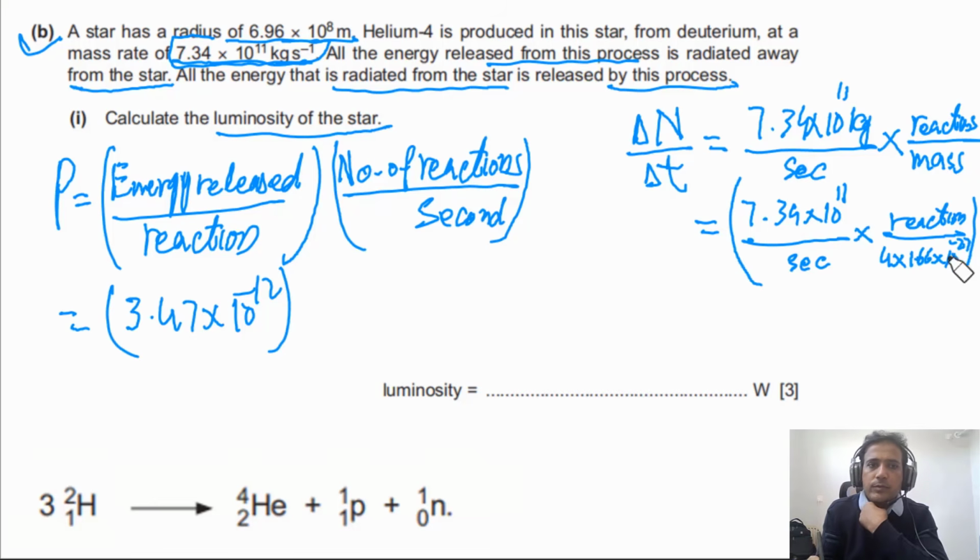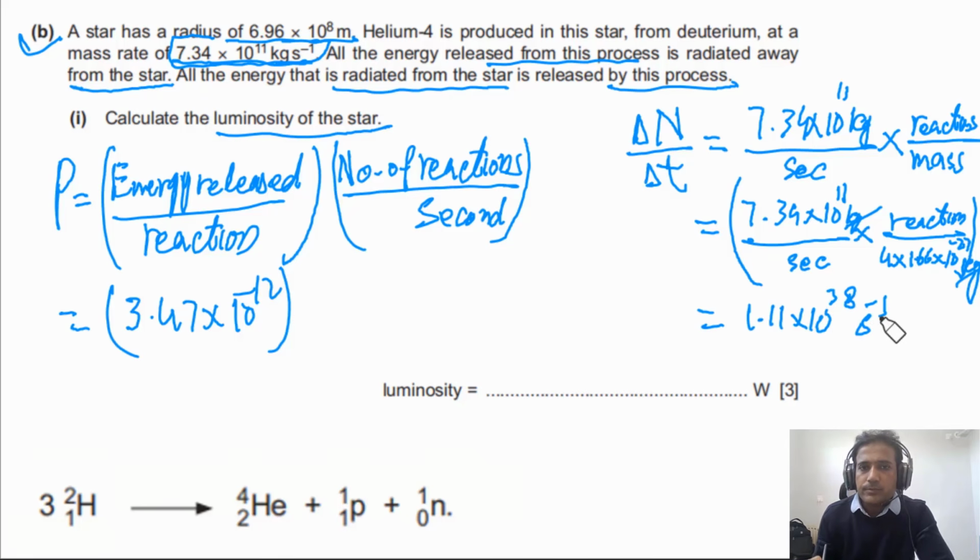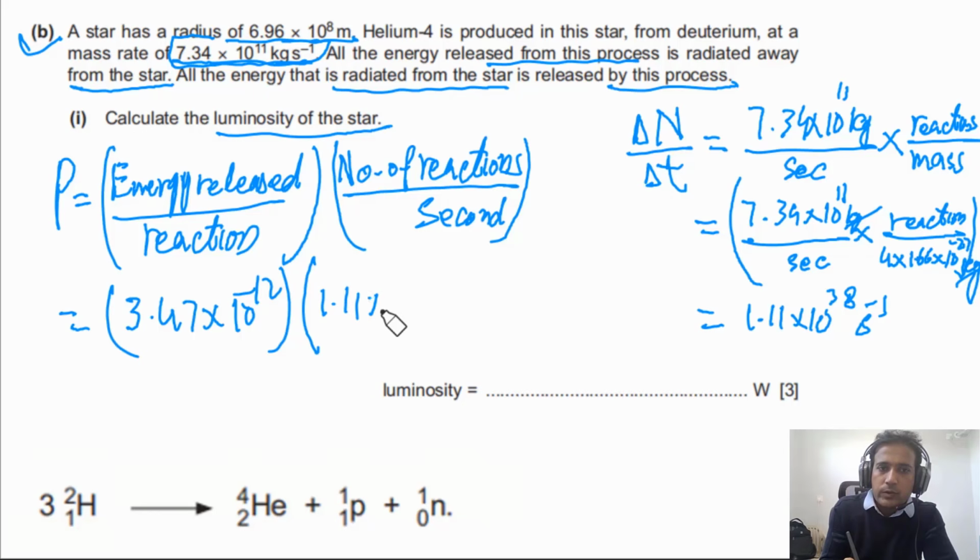This is the mass in kg, and the other is kg per second, so kg cancel. You can see we can figure out reactions per second from here. Now if we solve this, we will get 1.11 times 10 to 38 per second. So these are the number of reactions per second.